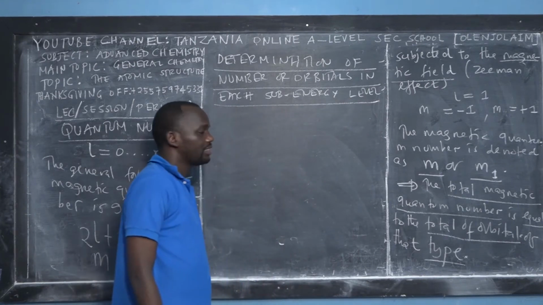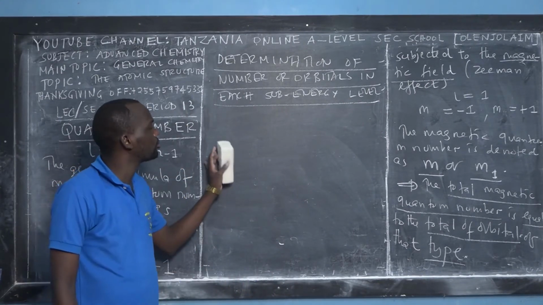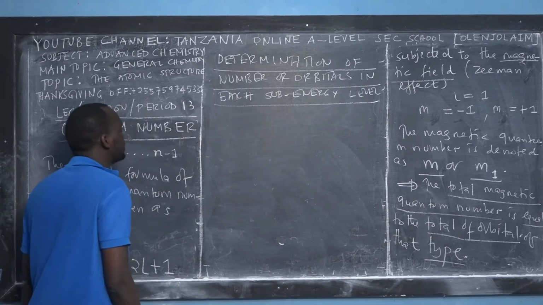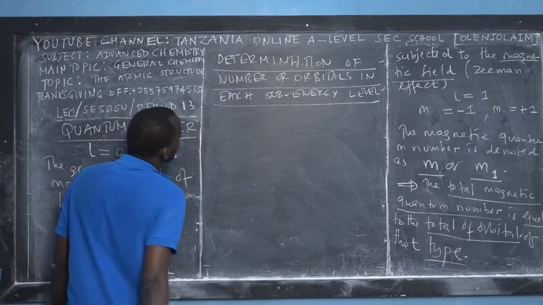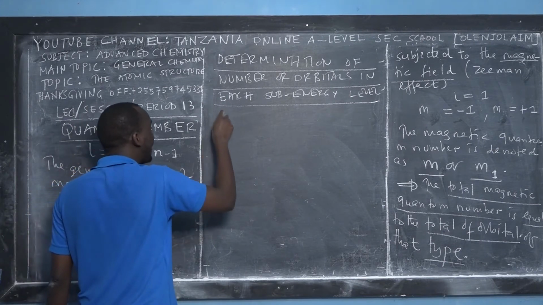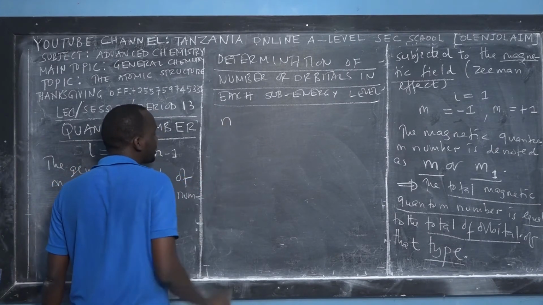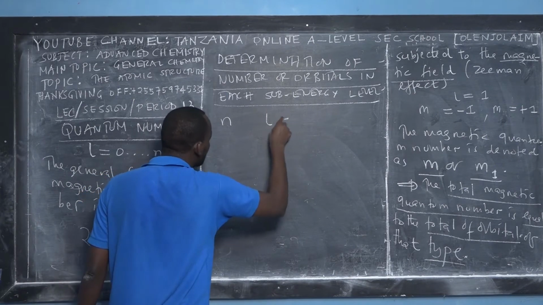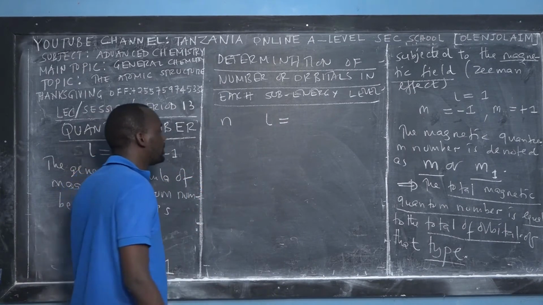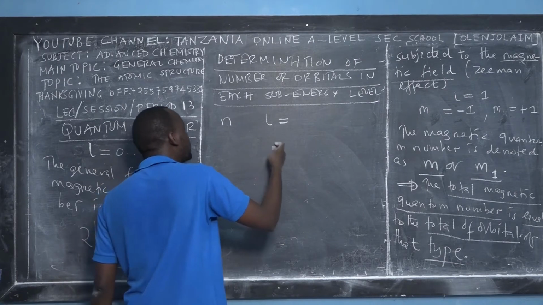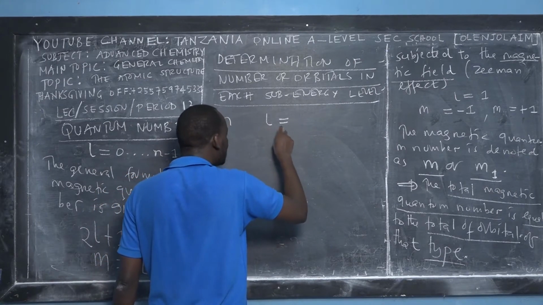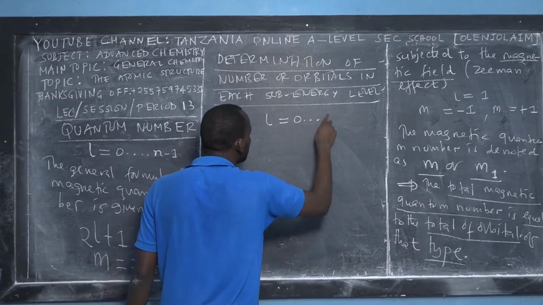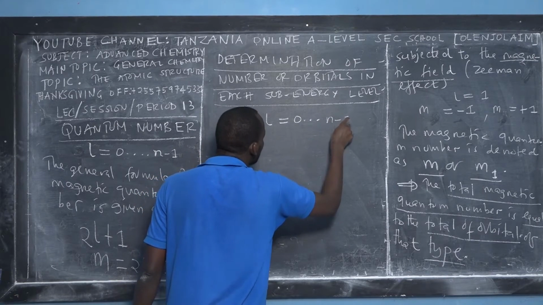So in order to understand this part, because through this part you'll understand, I'll come to this point, so don't worry about that, because I gave you a promise. We have the principal quantum number, which is denoted as n. We have the subsidiary quantum number, which is denoted as L, and this starts from 0 to n minus 1.